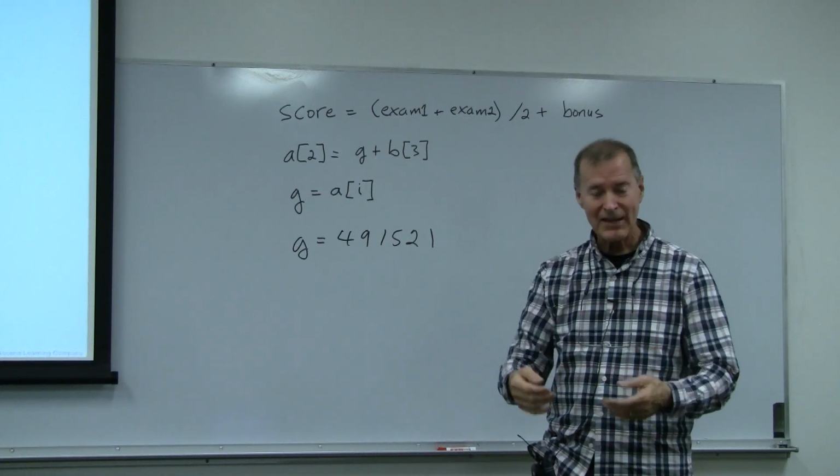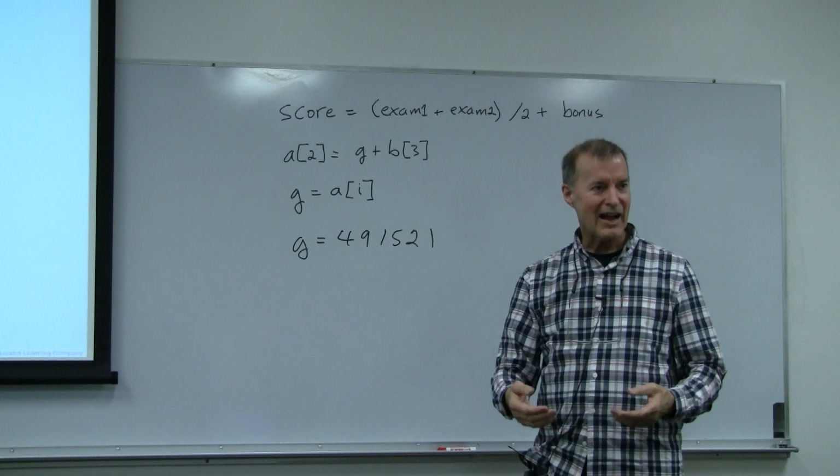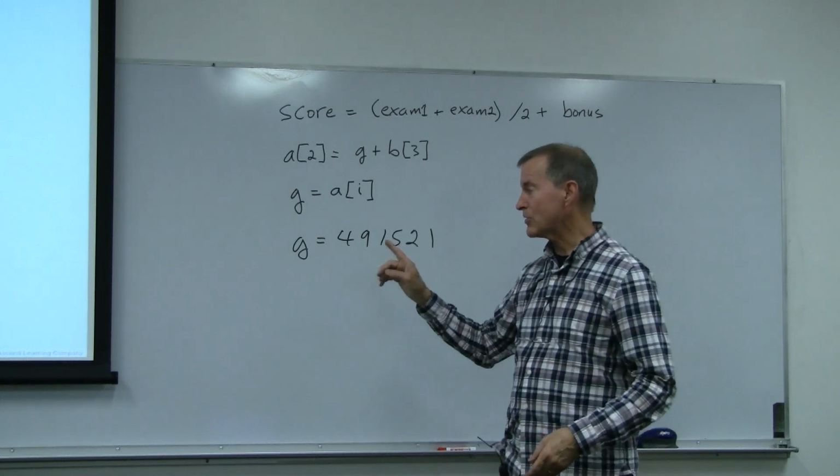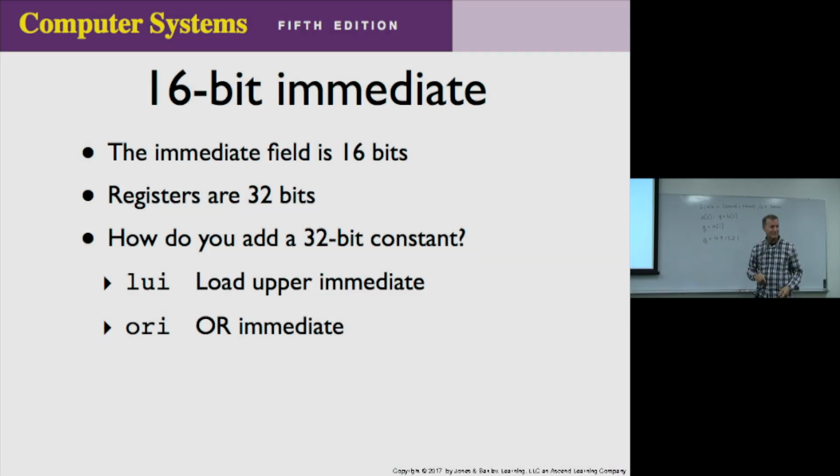But here, there is no microcode. So at the ISA3 level, we have to do it in 2 cycles, with 2 instructions, literally. Those 2 instructions are LUI, which stands for load upper immediate, and ORI, which stands for OR immediate. That's how we're going to translate this instruction.